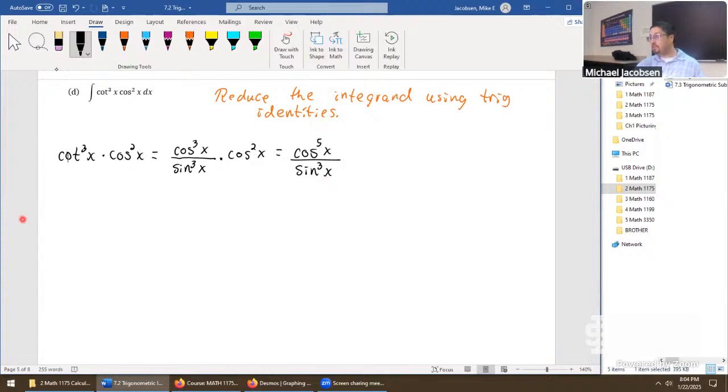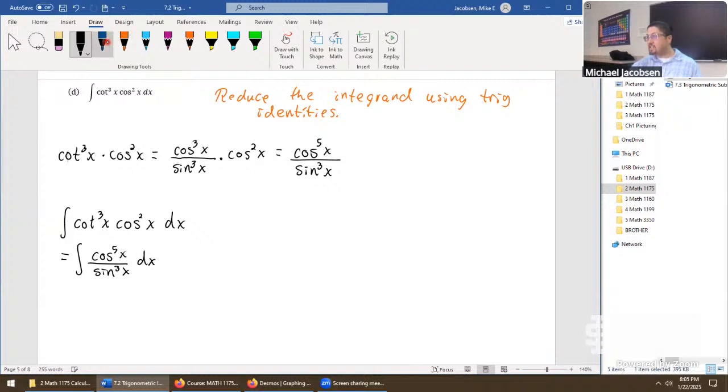So here's our problem. We're going to integrate cotangent cubed x, cosine squared x, dx, but then that just boils down to, let me write it out this way, integrate cosine power 5 x, divided by sine cubed x, dx.